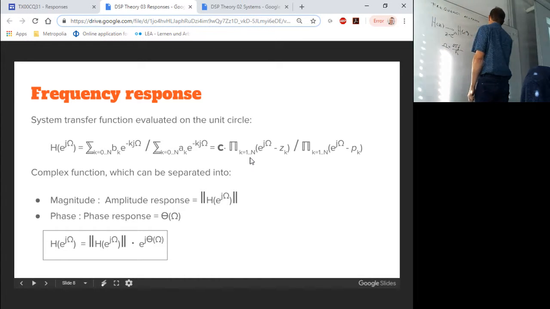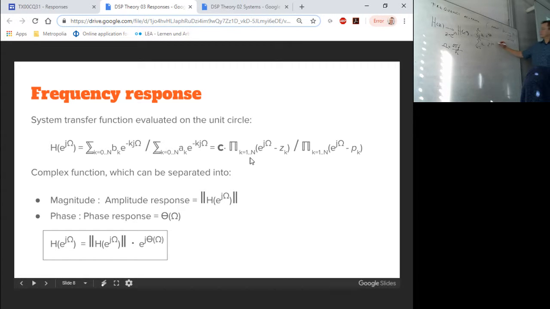So fundamentally, it looks like this: the sum of bk times e to minus j k omega, divided by the sum for k from 0 to N of ak times e to minus j k omega. Now I would like to have a complex calculator like MATLAB. You don't need to calculate. You just need to know what all of this is about.